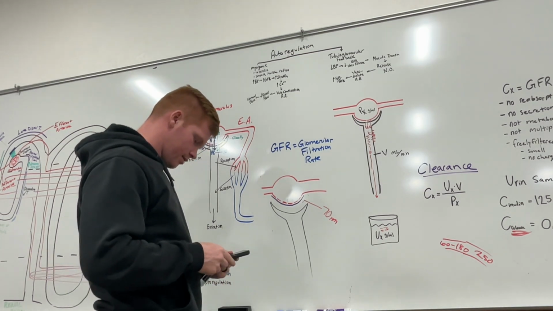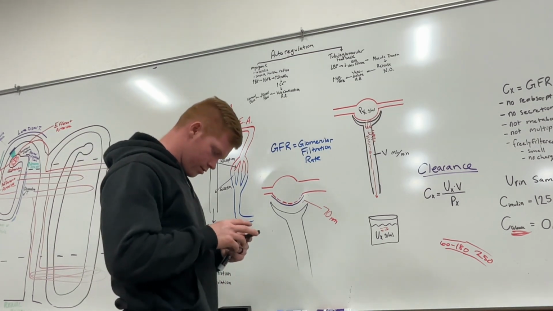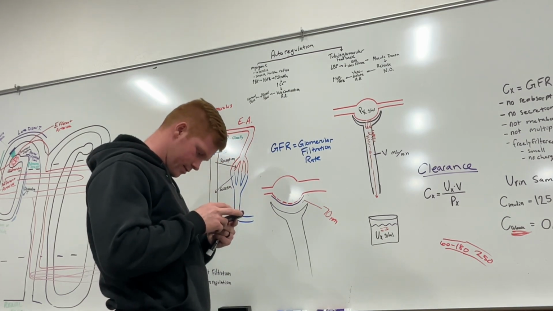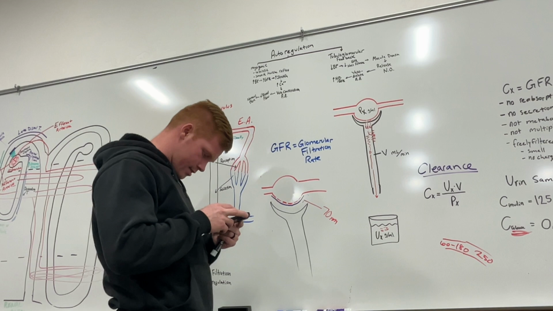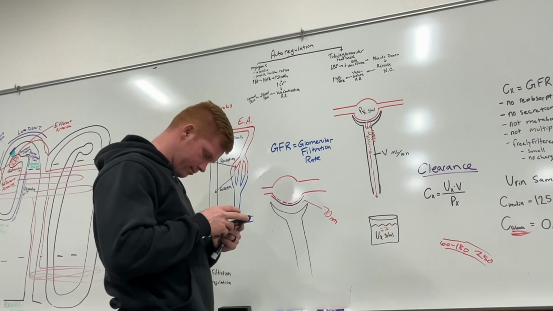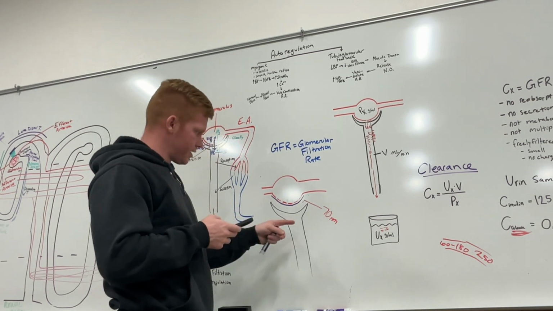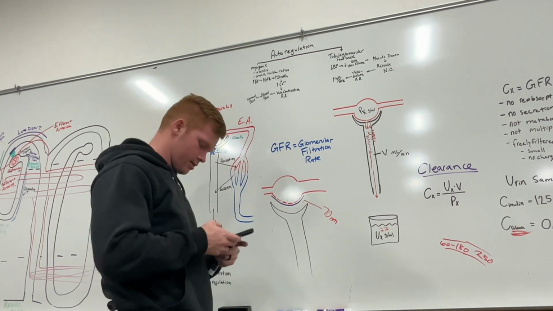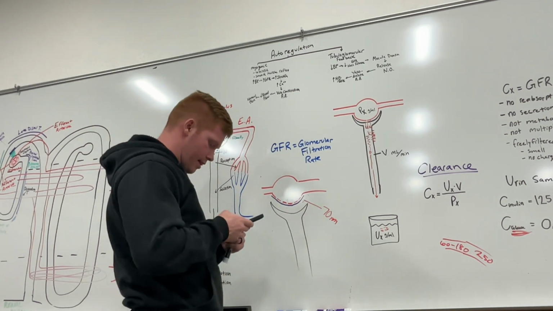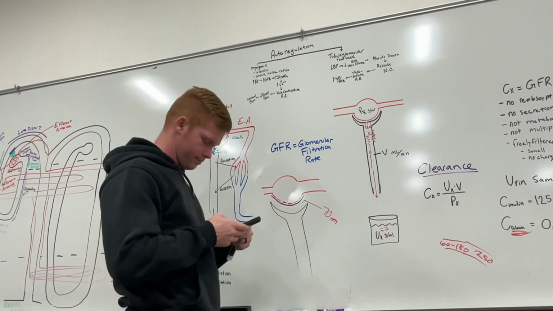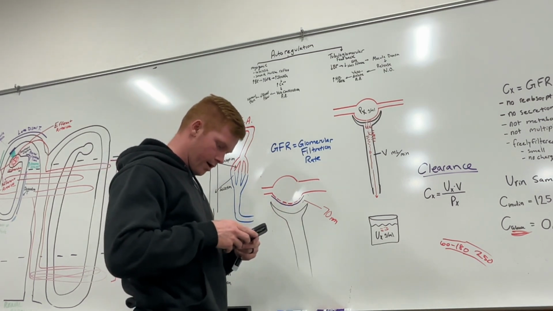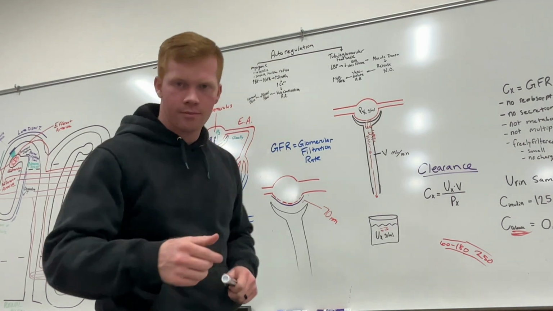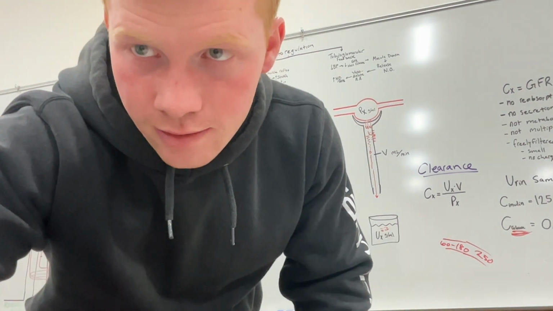I took a picture of it just so I can make sure I'm not doing it wrong. It's the fenestrated endothelium. That's what it is. Okay. Then we talked about the basement membrane. Now we're going to talk about podocytes. Let me check my battery to make sure this thing's not going to die. Oh, we're still good.